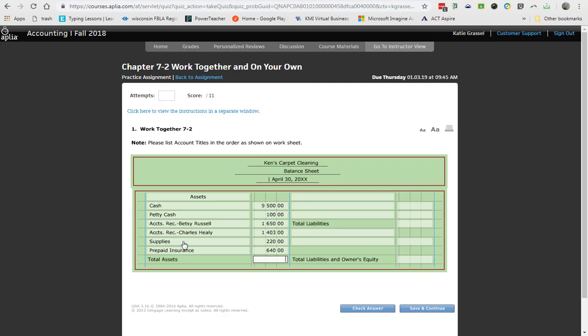I have all of my assets listed on the left-hand side, and then I'm going to break out my handy-dandy little calculator. And I'm going to add them up.